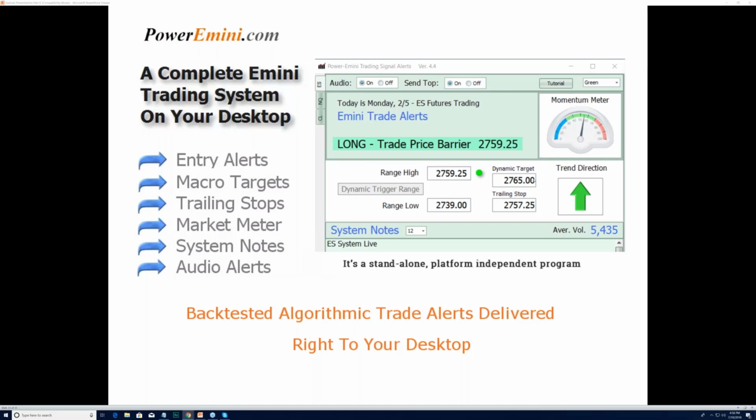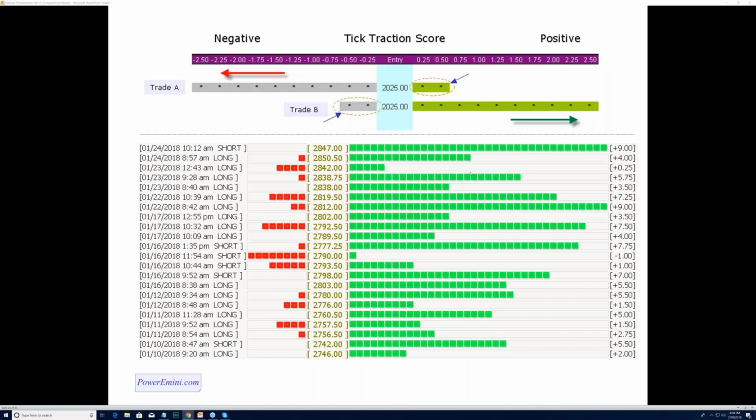And then you get dynamic targets and a system trailing stop. There's a system notes section where trade notes go through as well. All right, so basically you have a complete little E-mini trading system on your desktop. It's platform independent. And very quickly, because I got about 2 minutes, this gives you an idea.